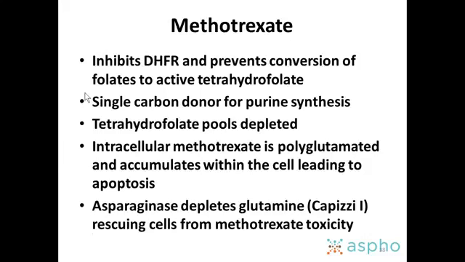This is what is utilized in the so-called Capizzi-1 regimen, where asparaginase is administered 24 hours after methotrexate, and it rescues you from the toxicity of methotrexate, presumably by depleting your asparagine and glutamine pools, and therefore polyglutamation cannot take place.